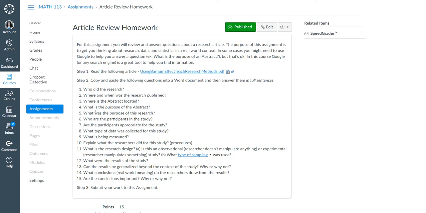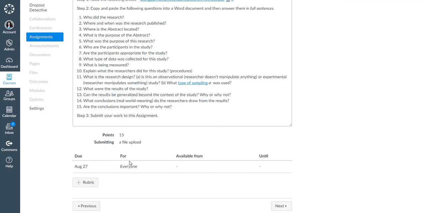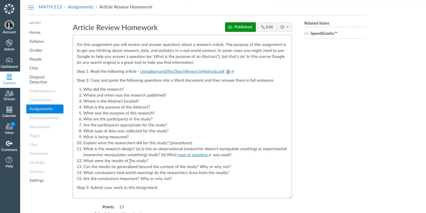Where is the abstract located? What is the purpose of the abstract? What's the purpose of this research? In some cases you might need to Google the answer. If you're not completely sure what the purpose of an abstract is, Google it. It is okay in this course to use Google or any search engine to help you find information. Go through, answer these questions, and submit your work to this assignment.